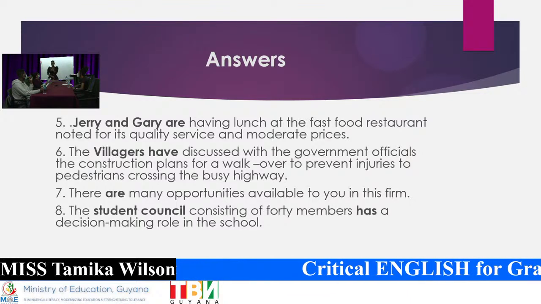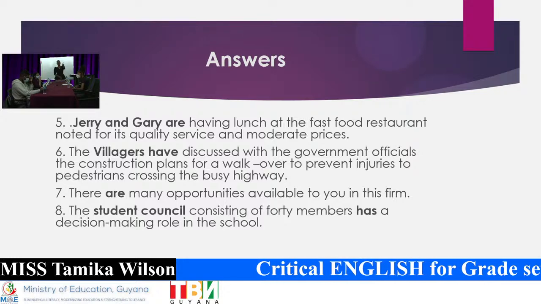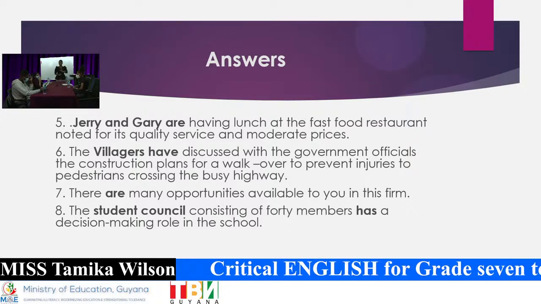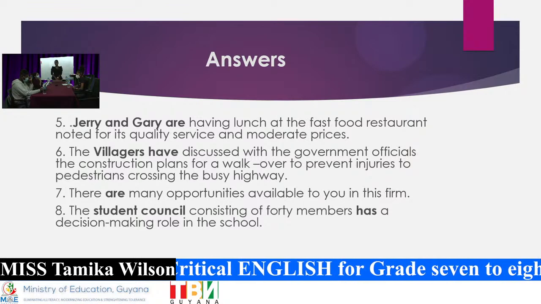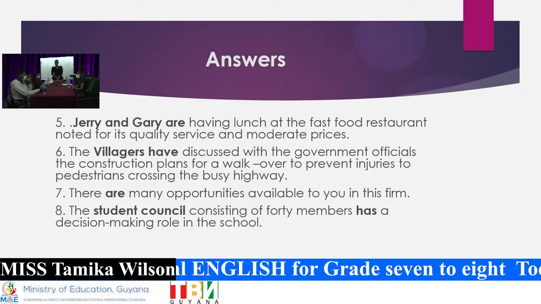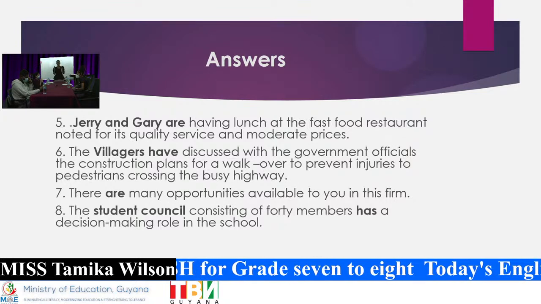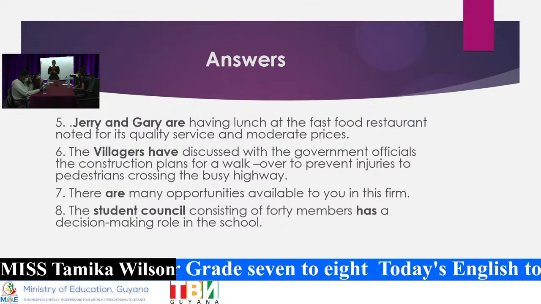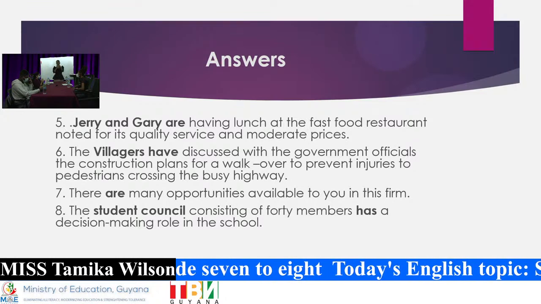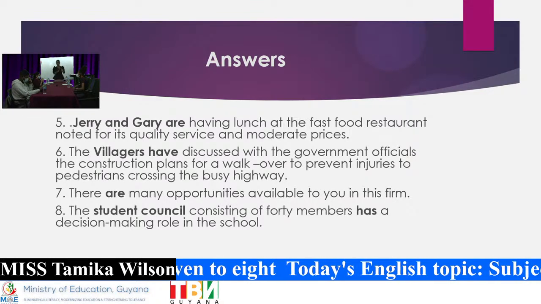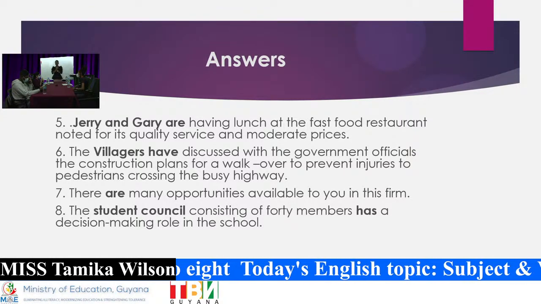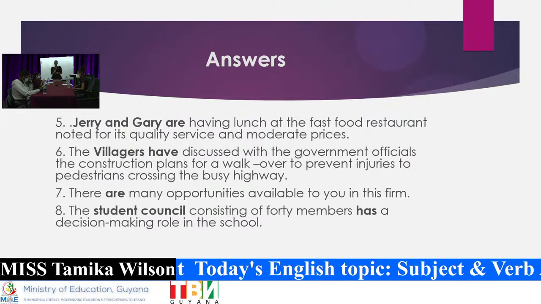So when we're looking at this one, the student council, how many things, Shamar? Singular, plural? Singular. The student council, one body, right? Consisting of 40 members, right? The noun phrase consisting of 40 members tells us about the student council, but the student council is one, and so the answer is has.